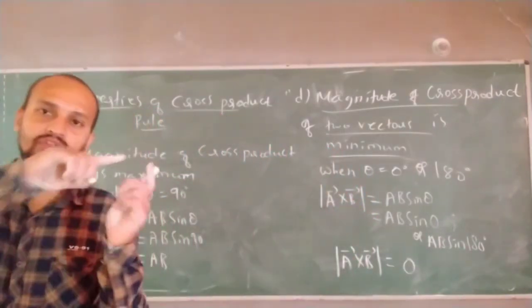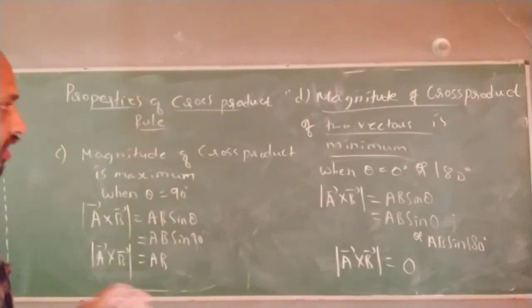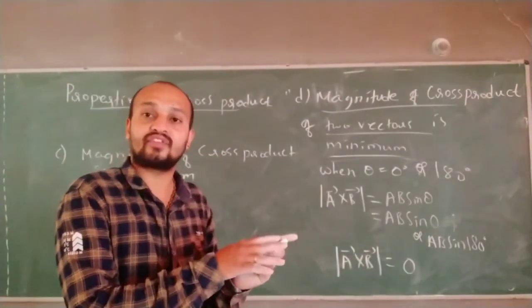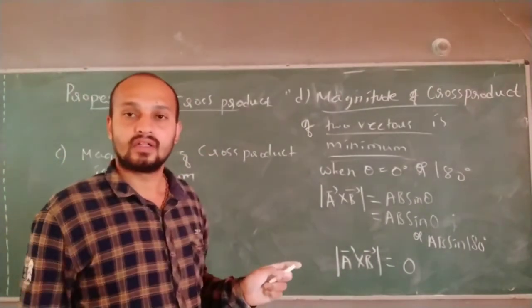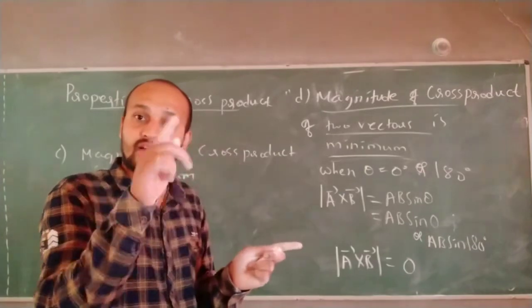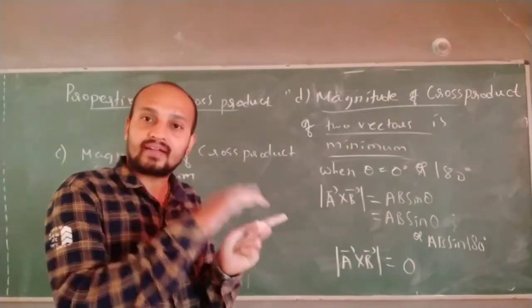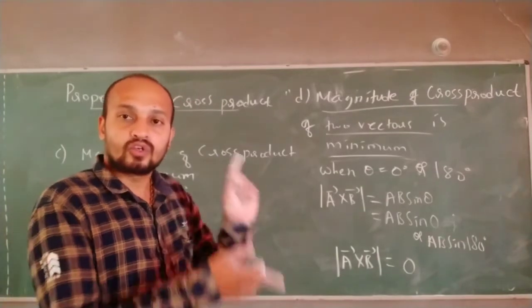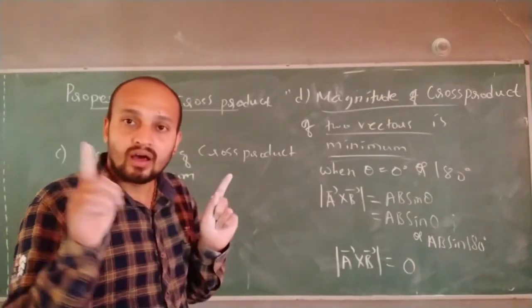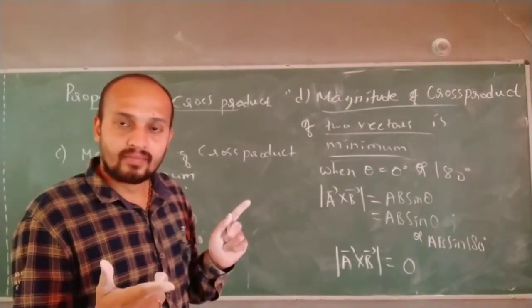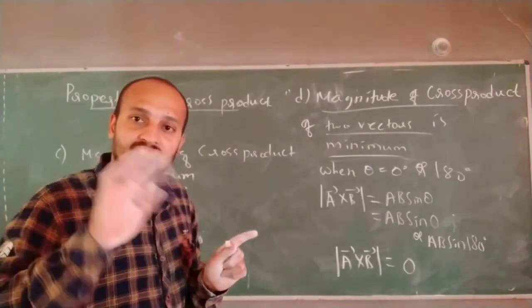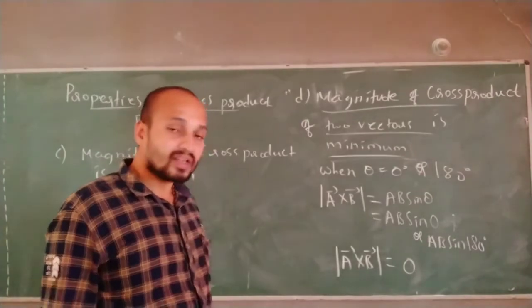Two vectors which are parallel, their cross product will be equal to 0. Two vectors which are parallel, their dot product is maximum. Two perpendicular vectors, their cross product is maximum. Two perpendicular vectors, their dot product is minimum, 0.